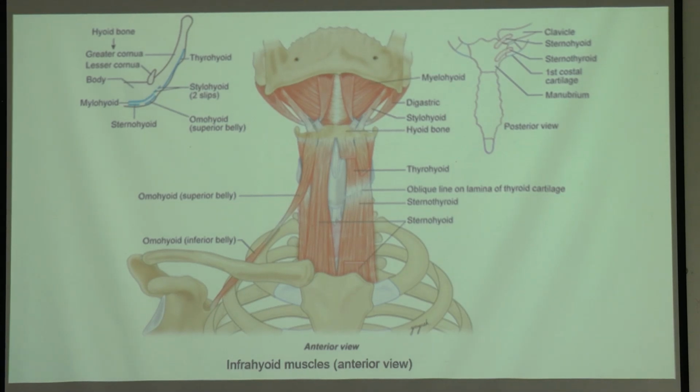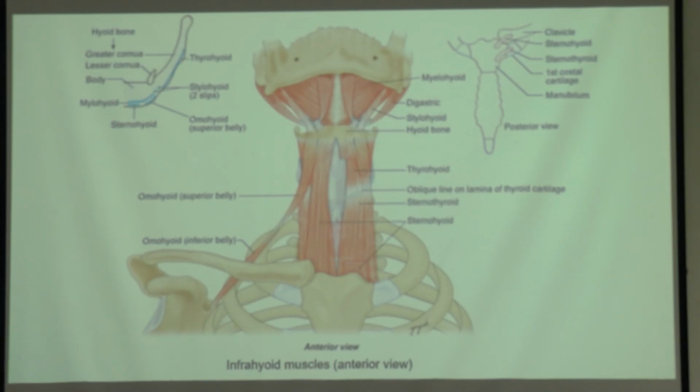This is the muscular triangle, because two strap muscles we can find from sternum to the hyoid, the sternohyoid. And if we dissect the sternohyoid, we can get the sternothyroid and thyrohyoid muscles.